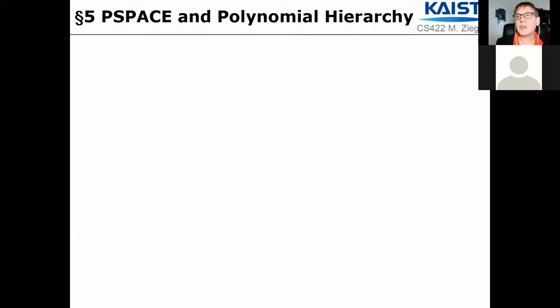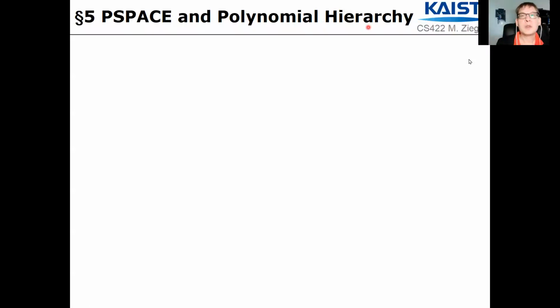So here we're going to discuss the complexity class PSPACE, and we're going to discuss the polynomial hierarchy. The polynomial hierarchy is a resource-bounded counterpart to the analytic hierarchy that we discussed with respect to computability.